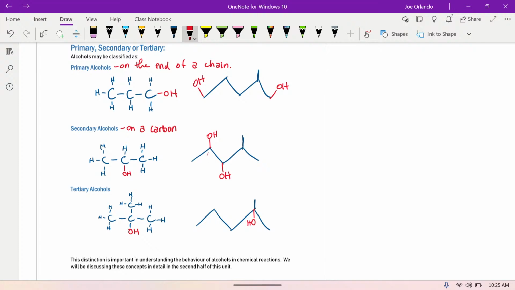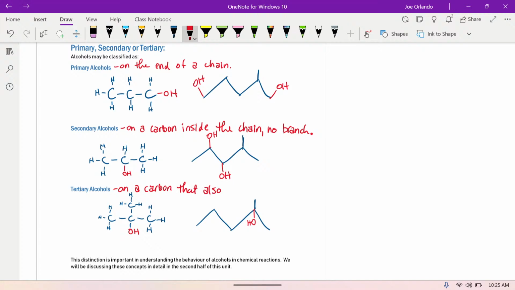Hydrogen. Good. So on a carbon inside the chain, but no branch there. And then what makes this a tertiary alcohol? On a carbon that also has a branch.